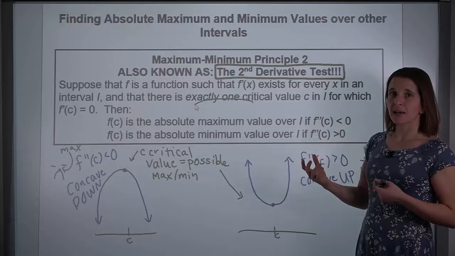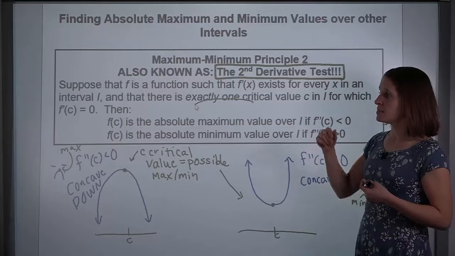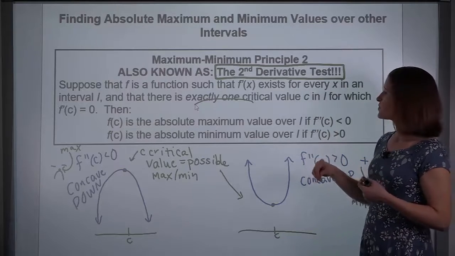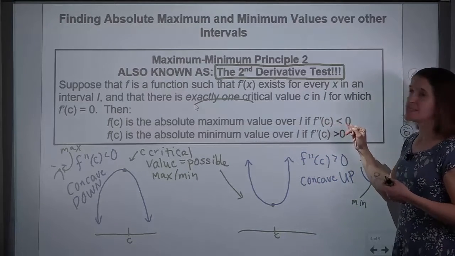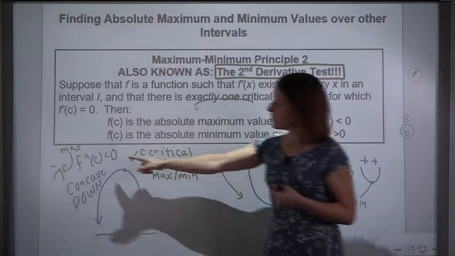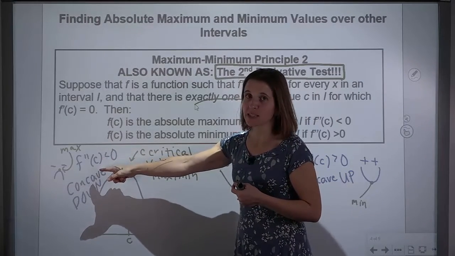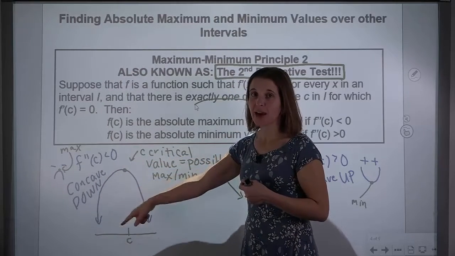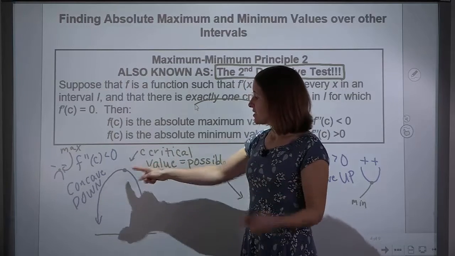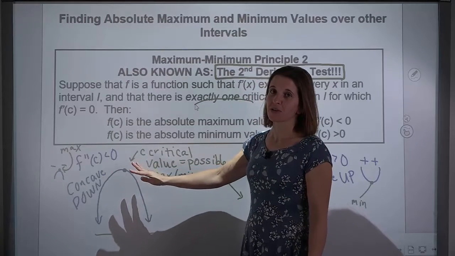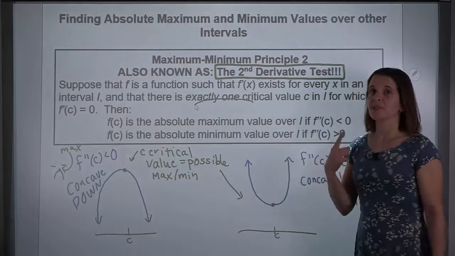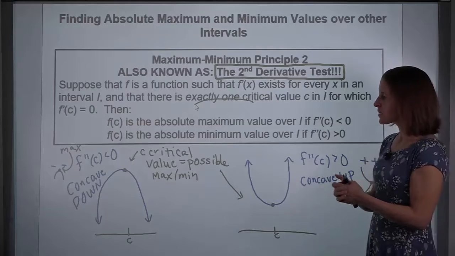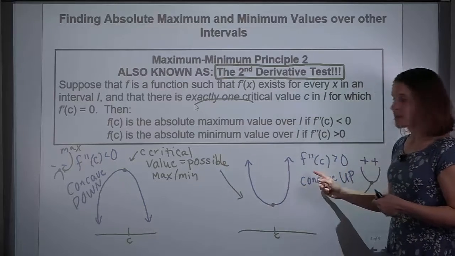If I see what the second derivative is at that x value, and the second derivative is negative, then at that location my function is concave down. So what does it look like? It looks like a max, and that's all there is to it. So if I have this one critical value, so it's my only possible answer, I hope it's going to give me a max or a min, and I check its concavity.